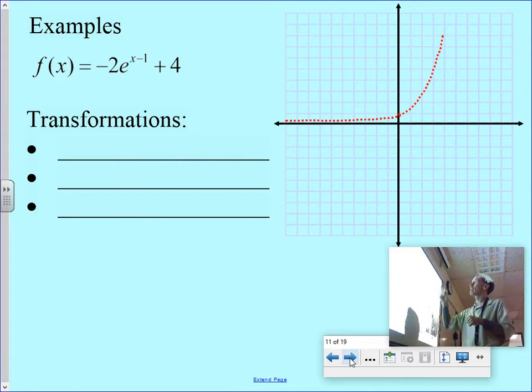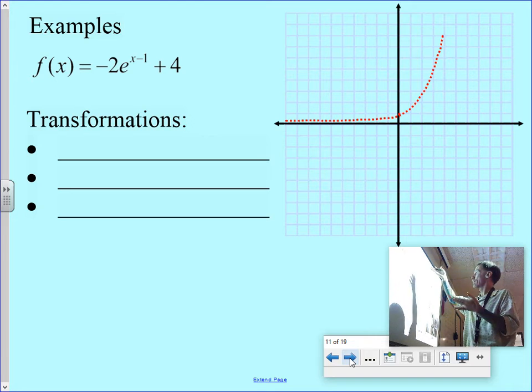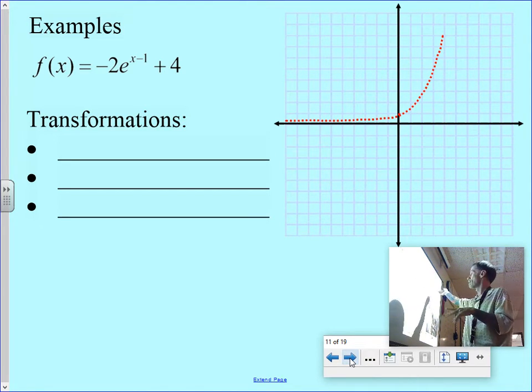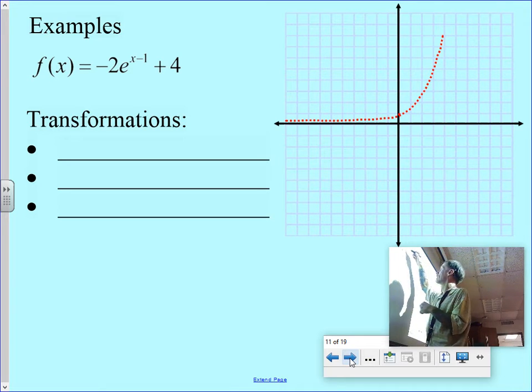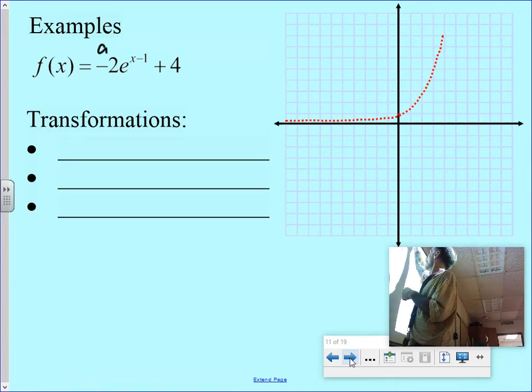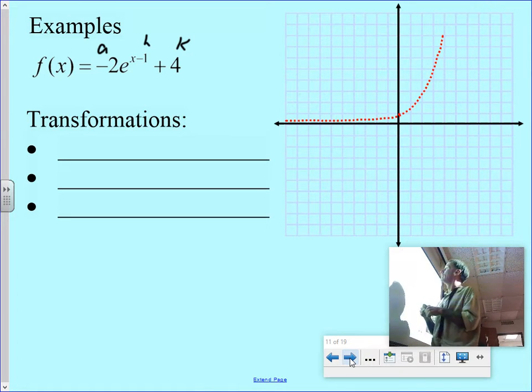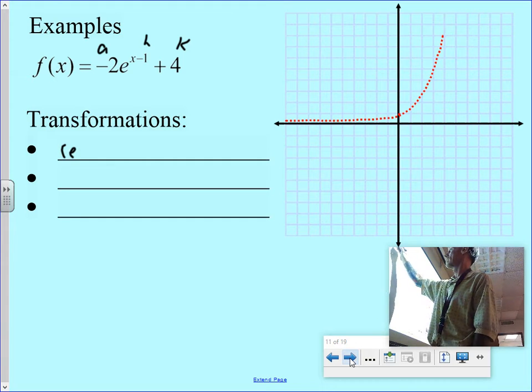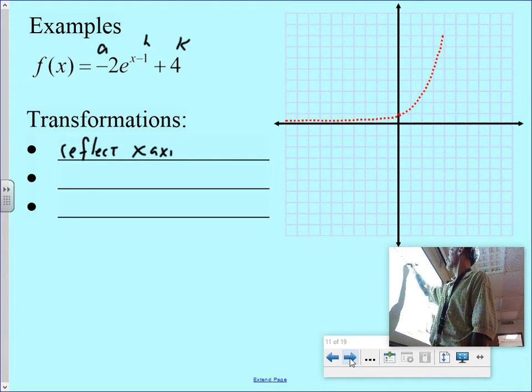Next example, so we got negative 2e to the x minus 1 plus 4. So again, we know it's an exponential function. You see the parent function over there to the right. Same deal. There's your A, there's your H, and there's your K. In this case, there's actually 4 things going on. So it's a reflection, because it's negative on the outside, reflect across the x-axis.